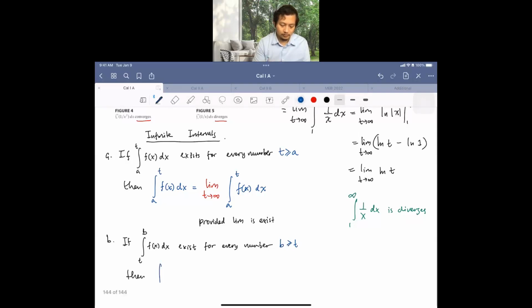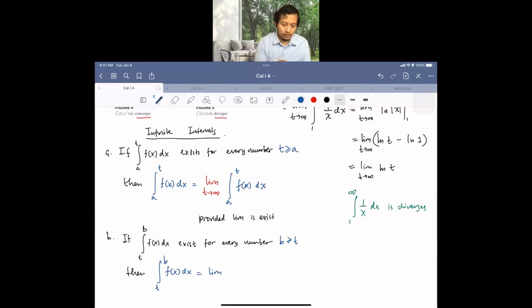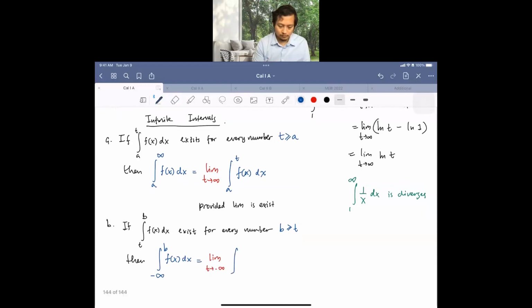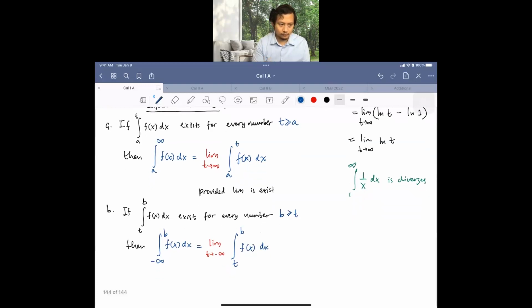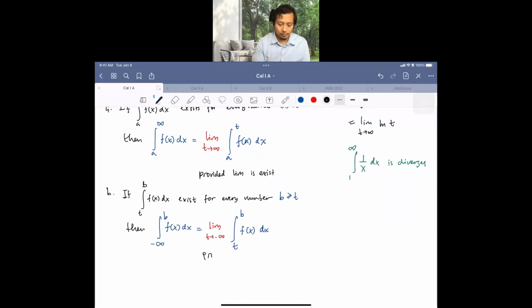Then, or maybe this should be infinity, this should be negative infinity, provided the limit exists.